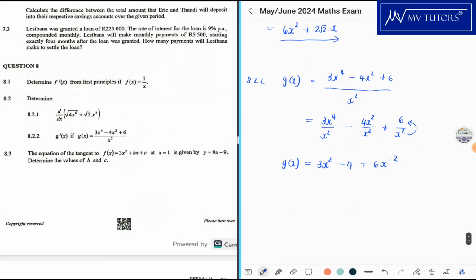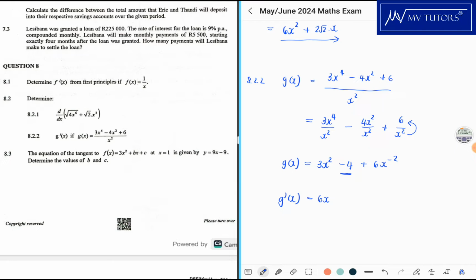Now it's at a point where I can get the first derivative. There is no fraction because at this stage you do not know how to differentiate fractions. That's first year work if you are going to continue with maths. That's calculus stuff. So in order to get the derivative using the power rule, 3 times 2 is 6, and we're left with x to the power 1. Then we have a constant here.